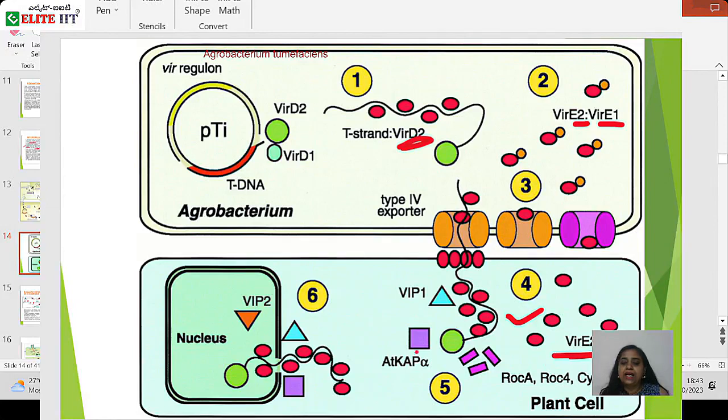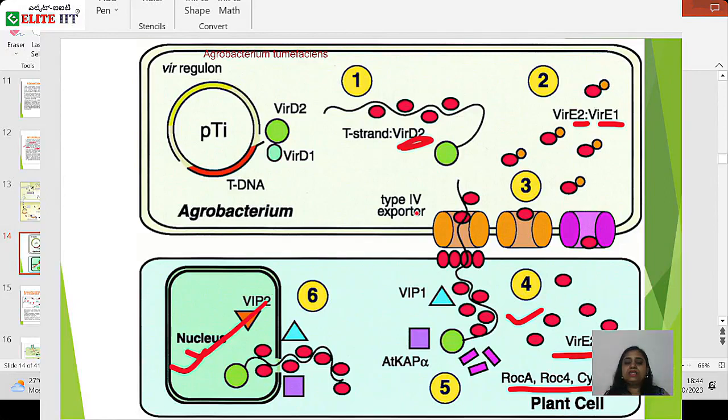And what will happen? A few proteins are involved in the integration: Rad, Ku, CYC A. These are involved here, and it will go inside the nucleus and be integrated into the genome.